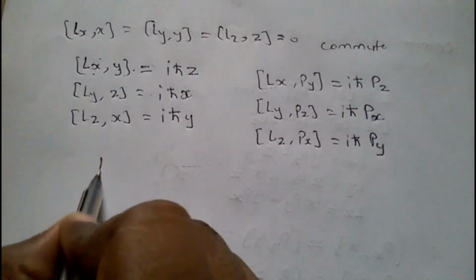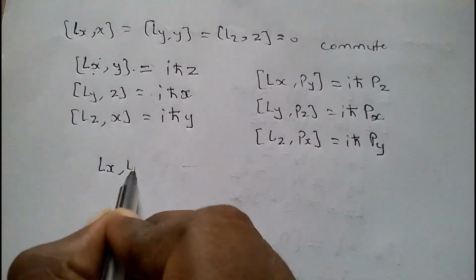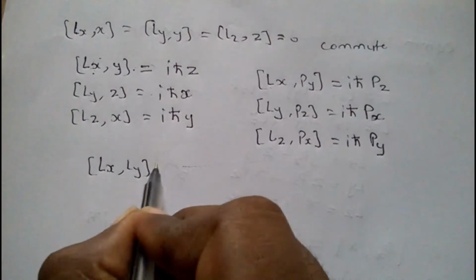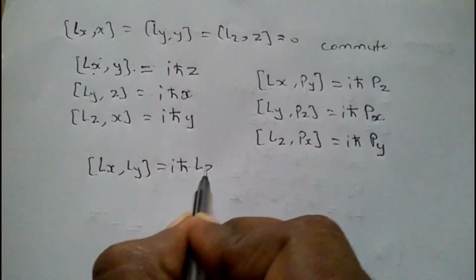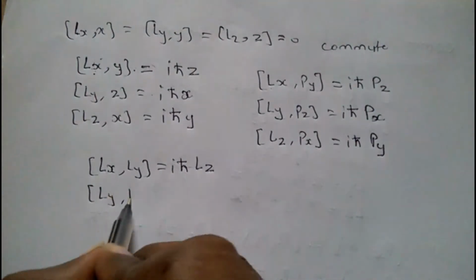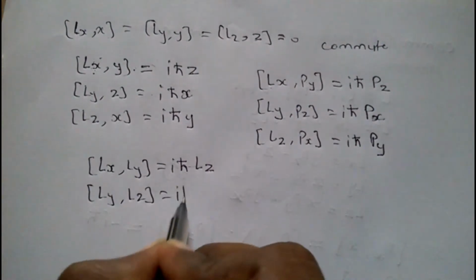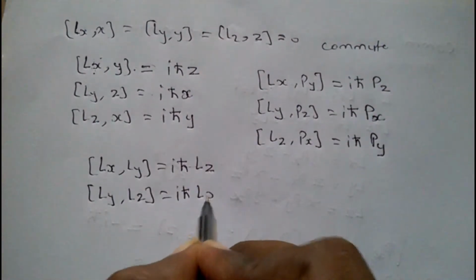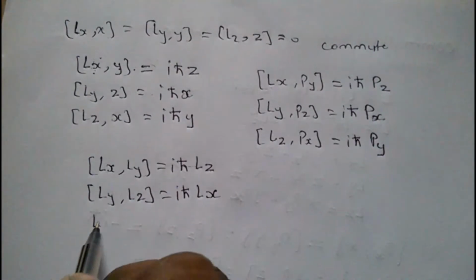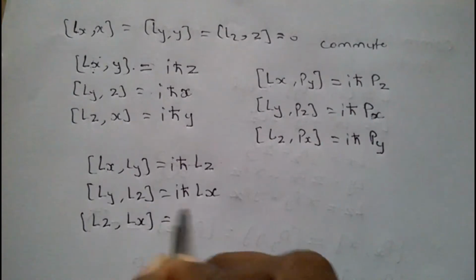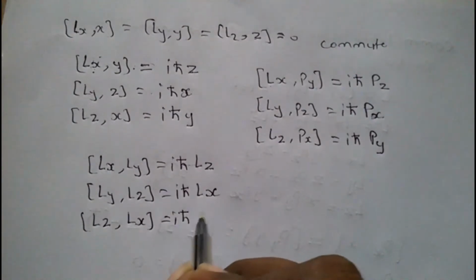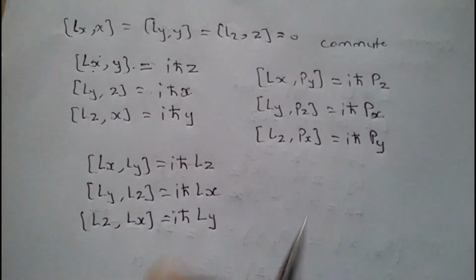Now next, Lx Ly equal to i h cross, the value will be Lz. Like this, Ly Lz equal to i h cross Lx, and Lz Lx equal to i h cross Ly.